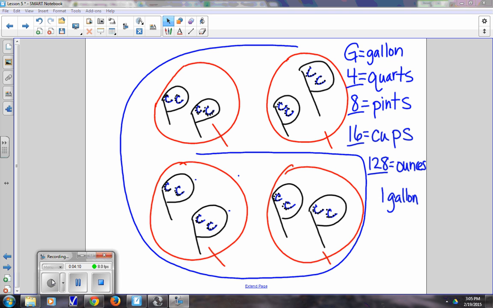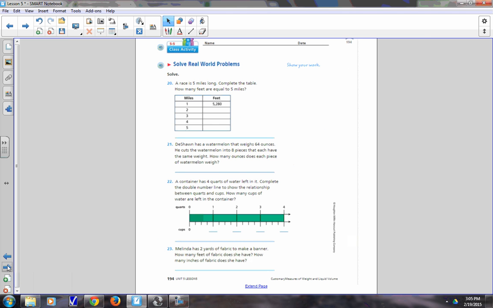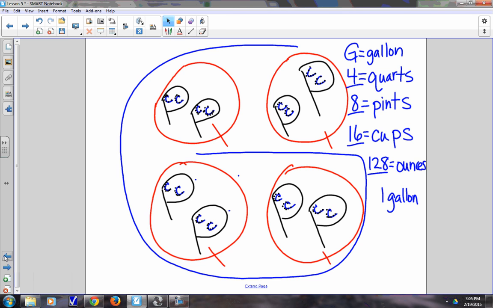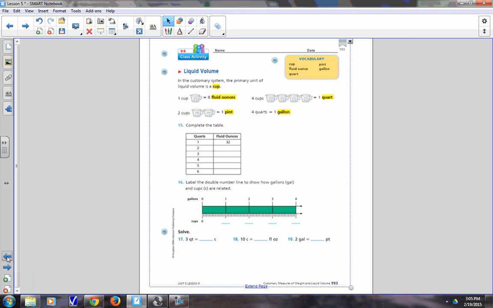All right. So if I'm looking at page 193, and we're looking at liquid volume, and I want to know 2 quarts equals how many fluid ounces? Well, there's 1 quart. 1 quart has 32 ounces, so 2 is 64. But how did she do that?